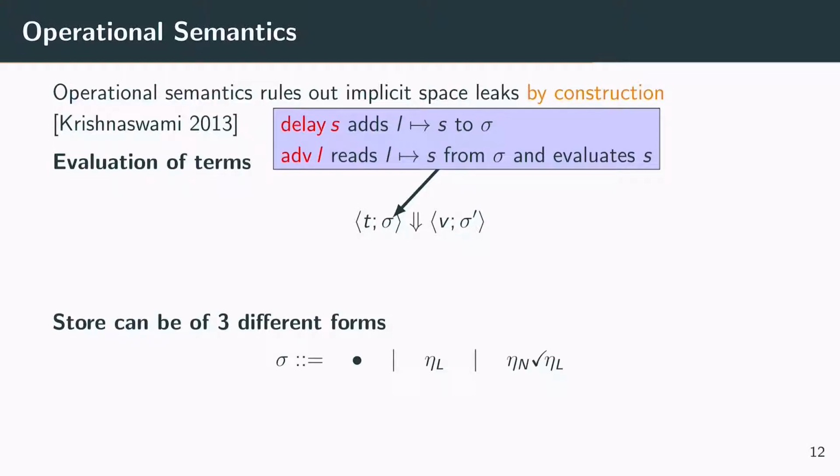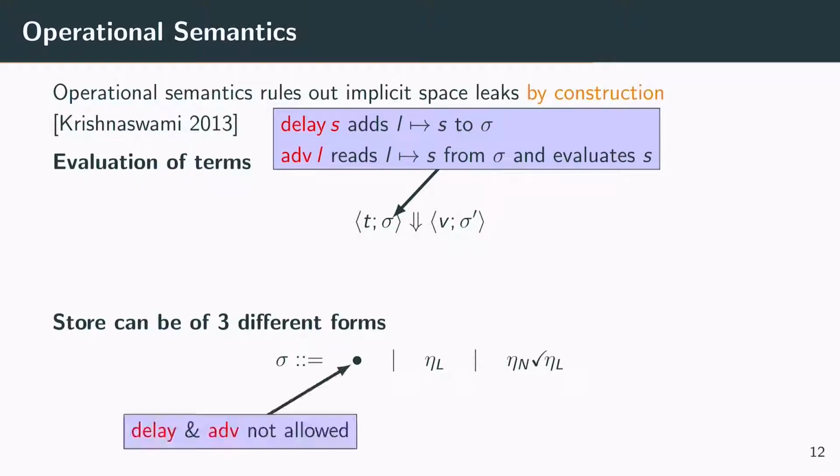And the store will come in three different forms. We have the null store, we have a store consisting of a single heap, a store consisting of two heaps. And depending on which state we are in, the different operations are allowed. So if we are on the null store, then no operations, so no delay or advance are allowed, because there's no heap to store or read from.